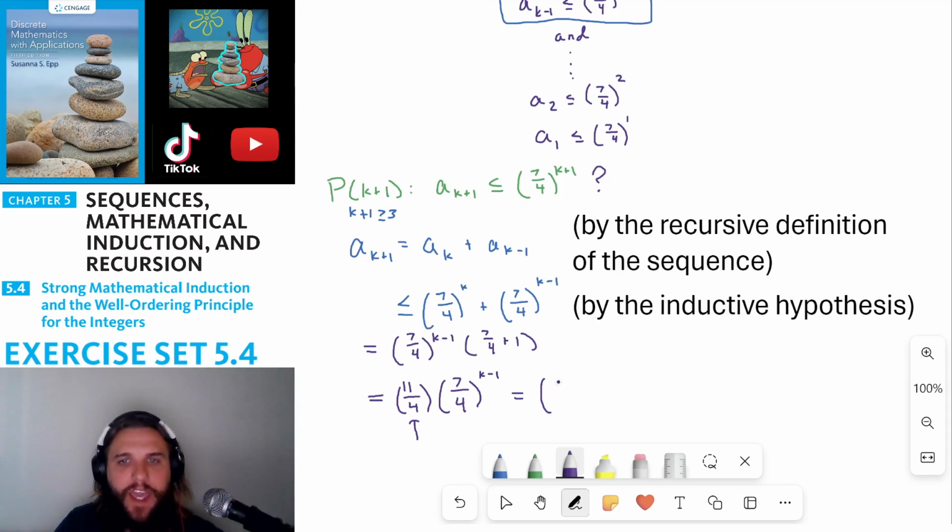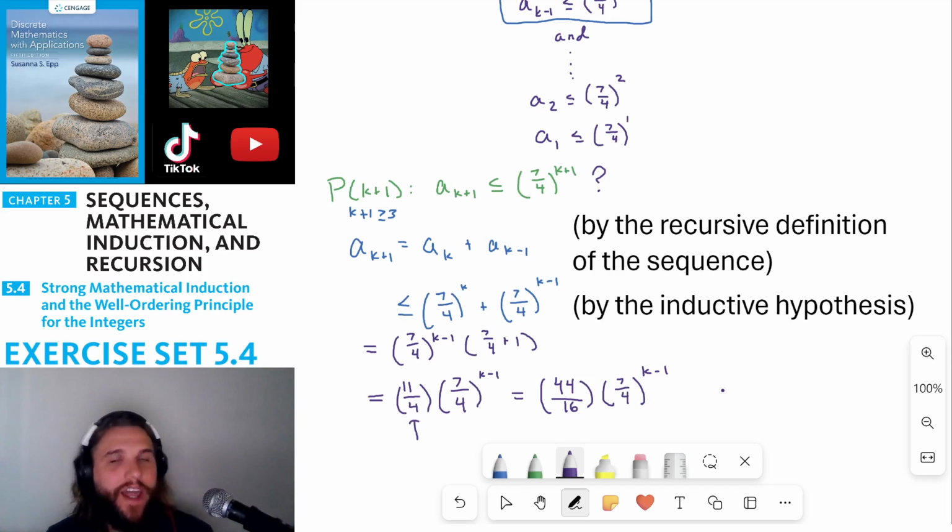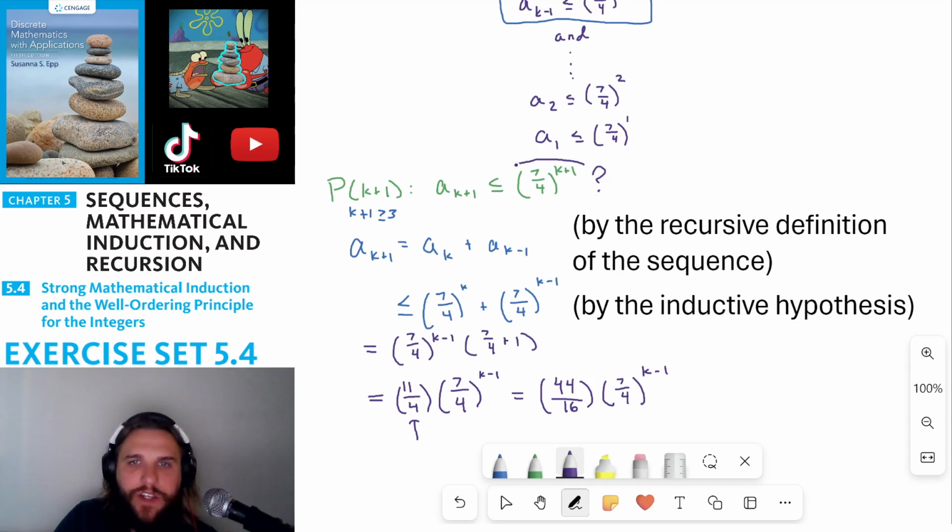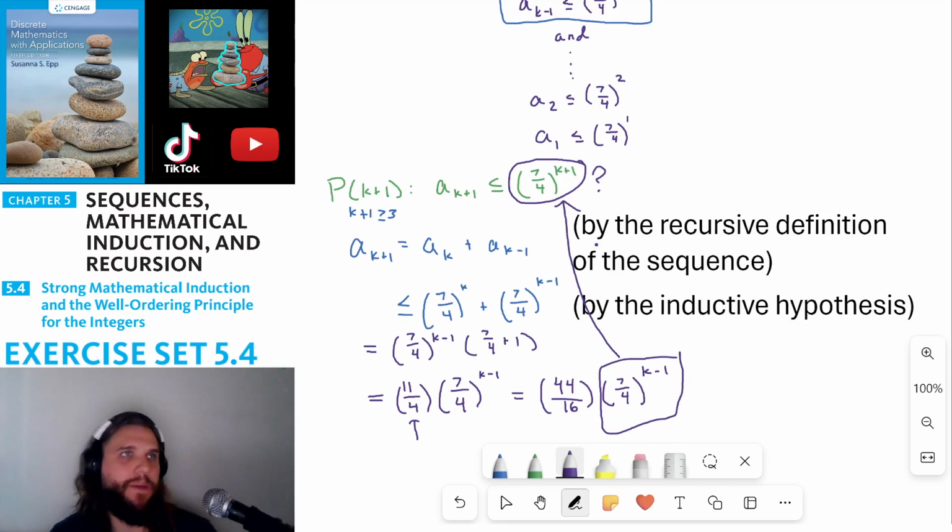This is the same thing as 44/16 times 7/4 to the k minus 1. Now, why would I do that? Ideally, what I would like to do is turn this 7/4 to the k minus 1 into 7/4 to the k plus 1.